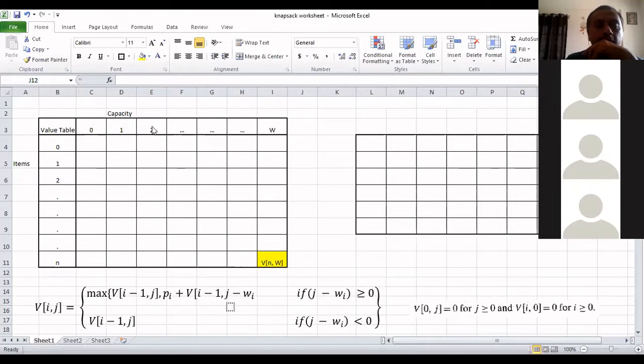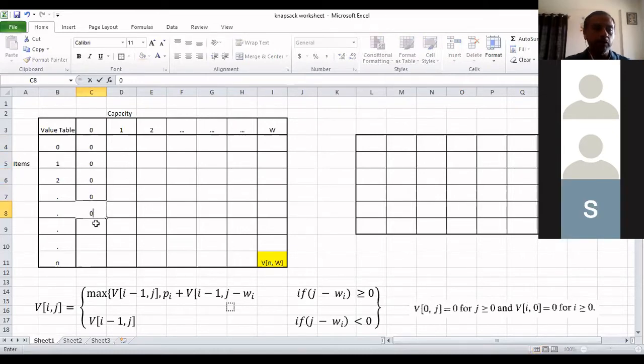So we design a table which comprises n plus 1 rows and W plus 1 columns, where n indicates the number of items and W indicates the capacity of the knapsack. Once we devise this, by default, the 0th column and 0th row we pad with zeros.